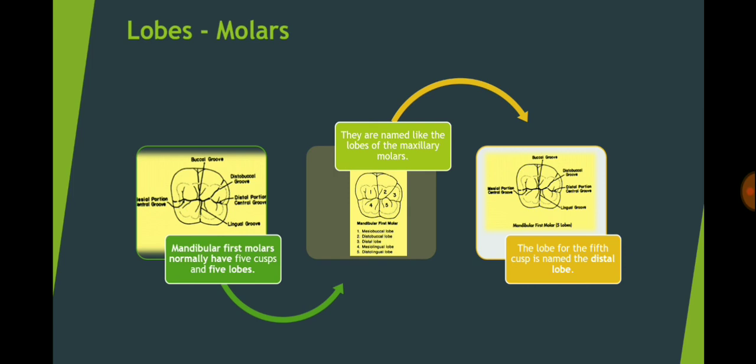The 5 lobes of the mandibular first molar are named just like the lobes of the maxillary molars: the mesiobuccal, the distal buccal lobe, the mesiolingual lobe, and the distal lingual lobe, plus the distal lobe. The lobe of the 5th cusp is named the distal lobe.